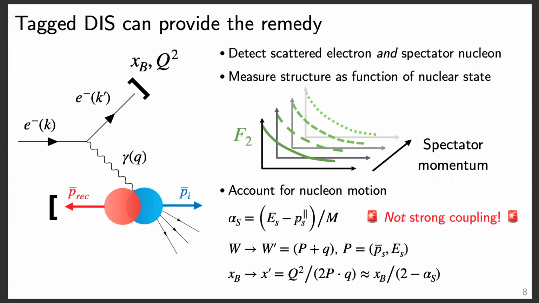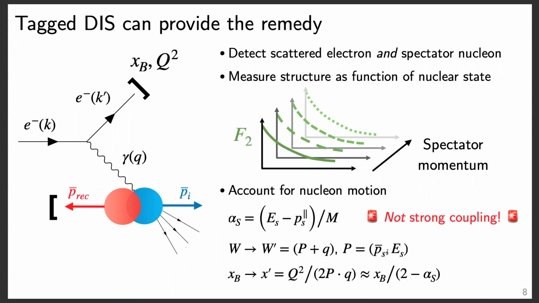And then you can define W, which becomes this variable called W prime. Some tagged DIS experiments refer to it as W star or W asterisk. And X Bjorken becomes X prime. And in both of these cases, they're defined the same way that you defined it in the inclusive case. It's just that your initial target momentum, instead of simply being the mass of the particle, includes the actual motion.